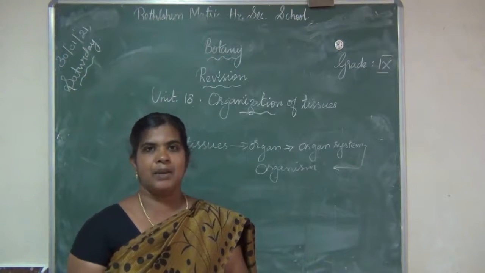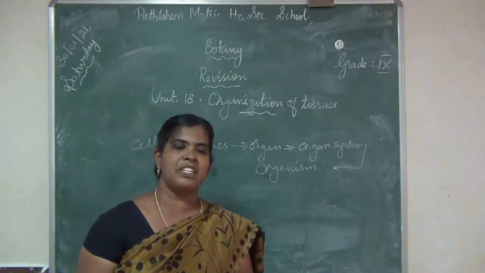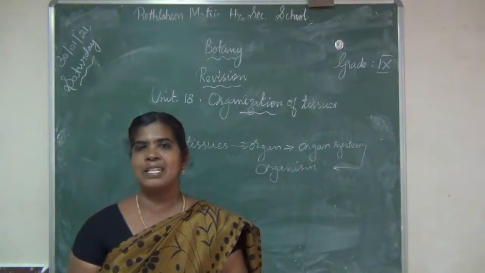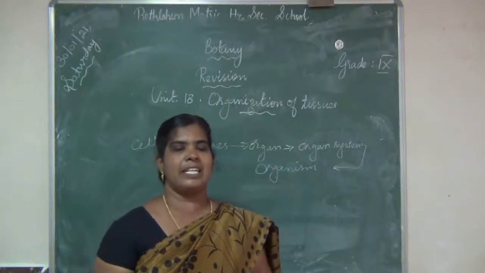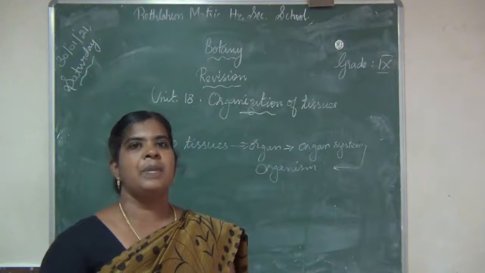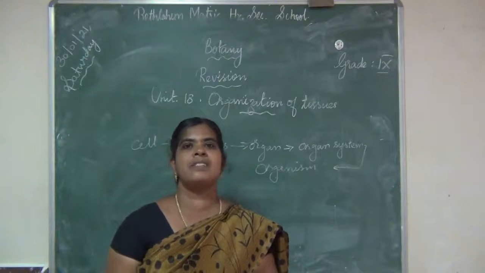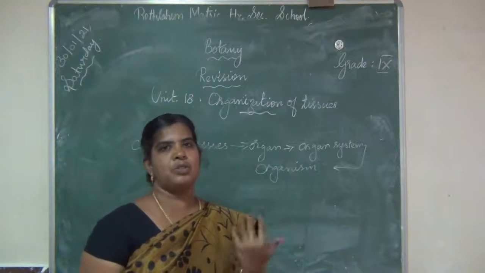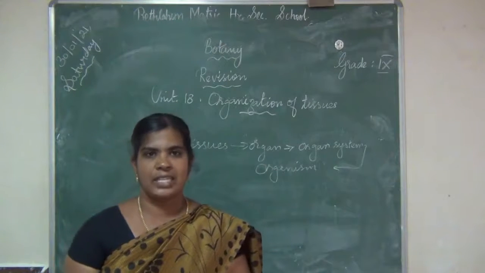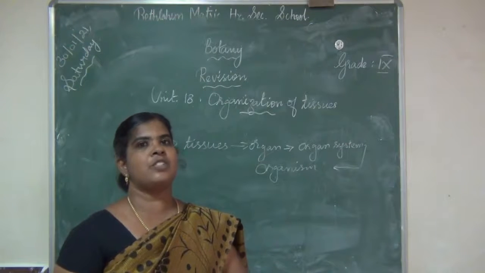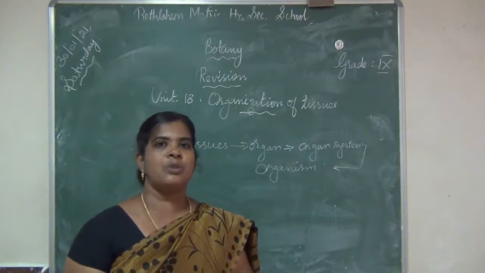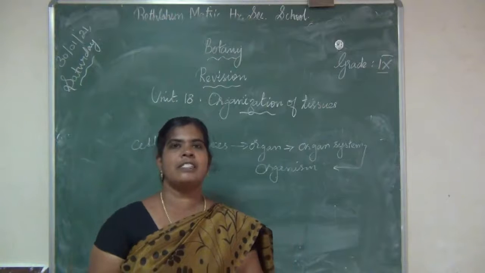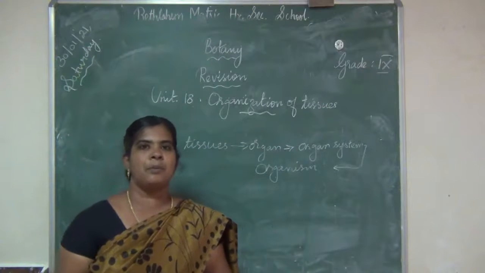Example, xylem and phloem. You know the function of xylem and phloem. The function of xylem is conduction of water and mineral salts. Phloem is conduction of food material. Though the root absorbs water and mineral salts, it has to go upward, so through xylem elements it reaches every part of the plant body.